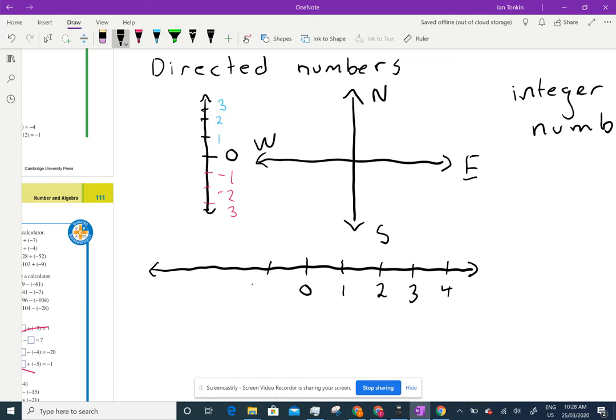To our left are the negative numbers, negative 1, negative 2, negative 3, negative 4. Mathematics is a very good subject because you can go on forever. This number line can be stretched all the way to infinity and all the way to negative infinity, so it can be as big or as small as you like.